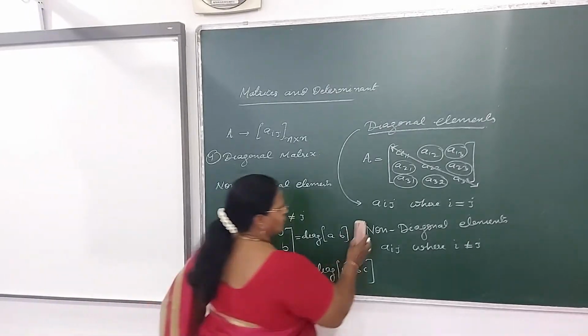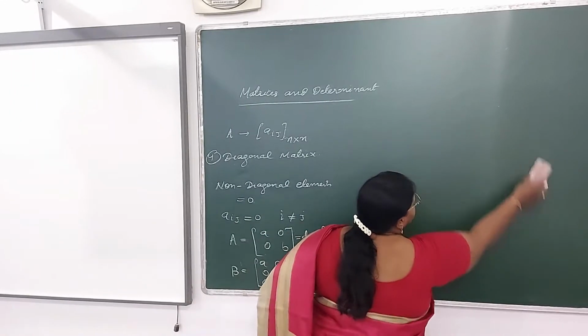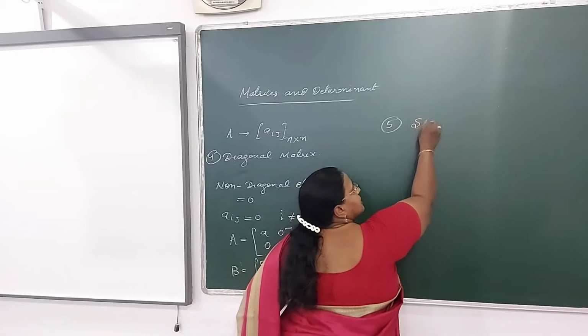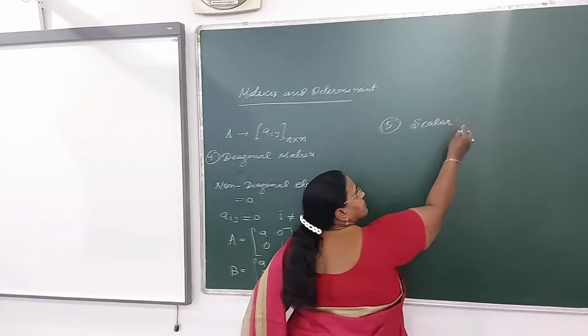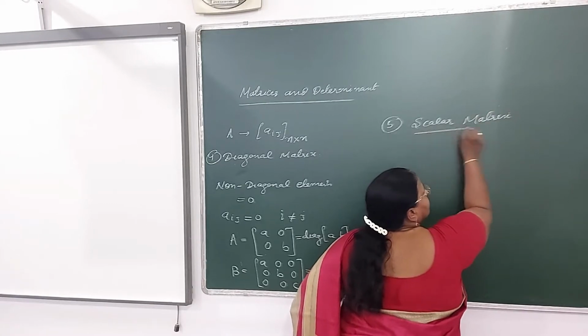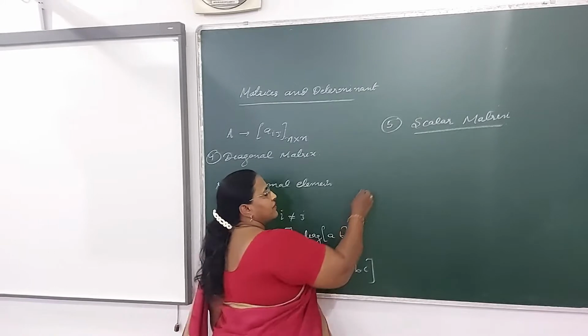Okay, now the next type is the scalar matrix. This is the fifth type, the scalar matrix. Let A be a square matrix of any order.